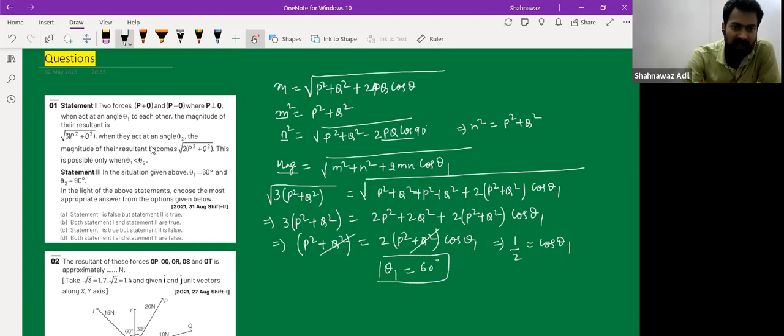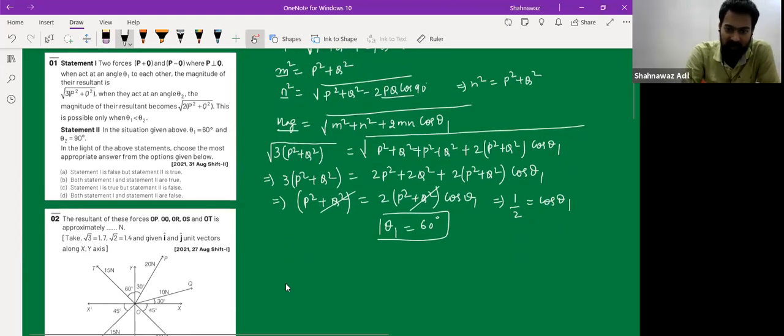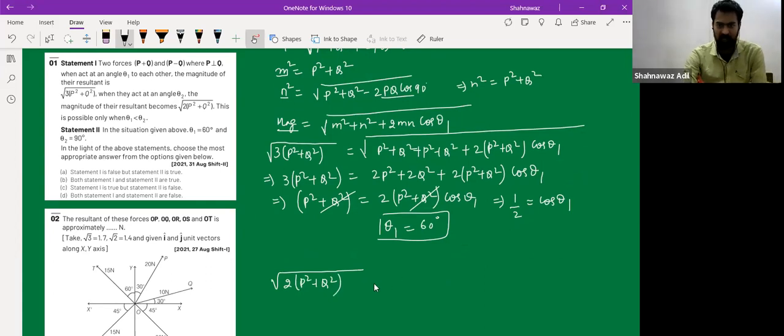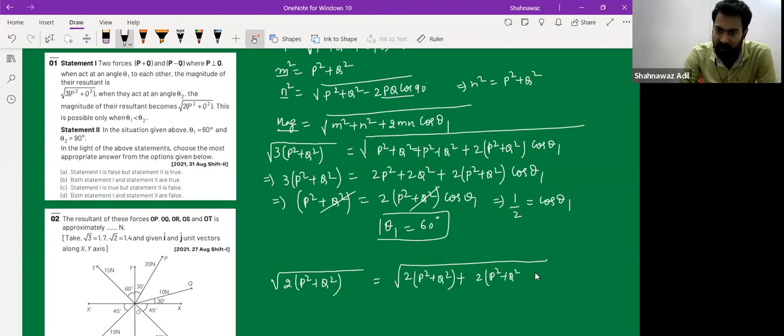Now let us calculate what is theta 2. The magnitude of the resultant becomes this if the angle is theta 2. So this we already solved. This was 2p square plus q square and 2p square plus q square cos theta 2.